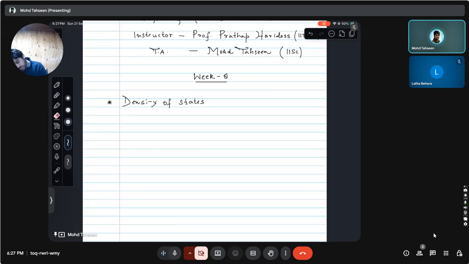And what we mean by density of states is the number of electrons per unit volume present at a specific energy level at a particular temperature. Okay, so let me write it.